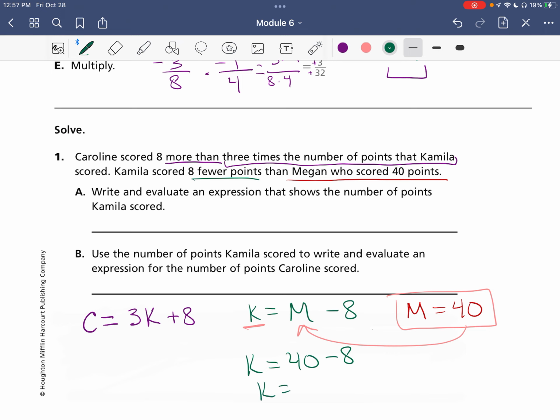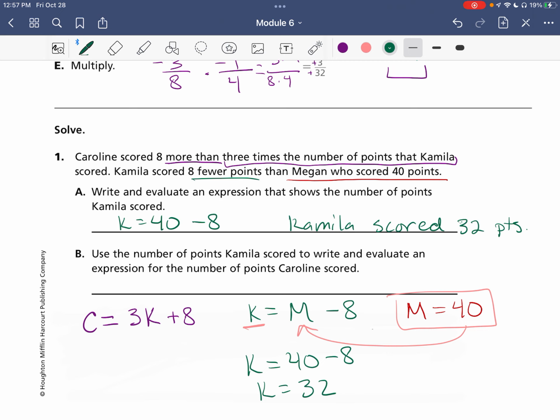So Camila scored 32 points. Okay, so that expression would be K equals 40 minus 8. So Camila scored 32 points.